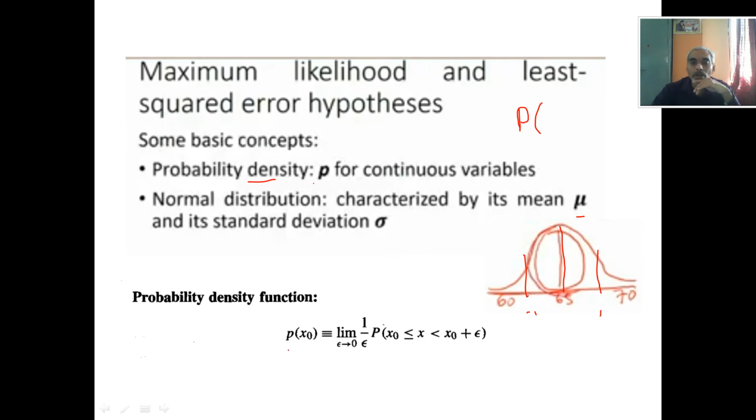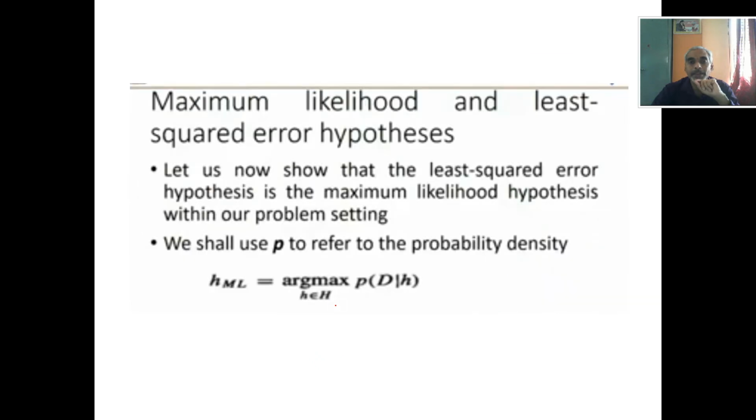We can say p(x0) is approximately equal to the limit as epsilon tends to 0 of (1/epsilon) times capital P, the probability of x0 <= x < x0 + epsilon. Here epsilon is a small piece of error, so this is how we define a probability density function.